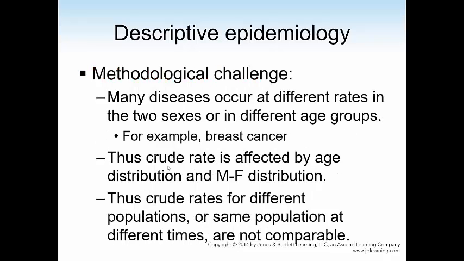Okay. All right. The problem with doing a crude incidence rate is that many diseases occur at different rates in different types of groups. So, for example, if we were measuring in a population a crude incidence rate of breast cancer, let's say we wanted to find out the crude incidence rate of breast cancer in Omaha, Nebraska, and we could come up with that number.